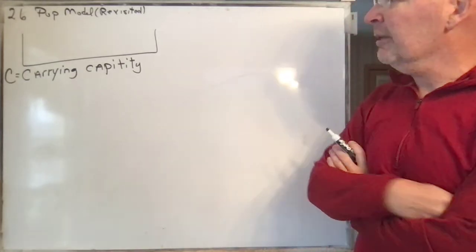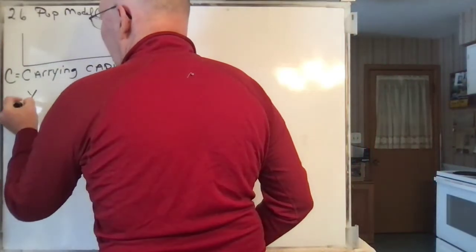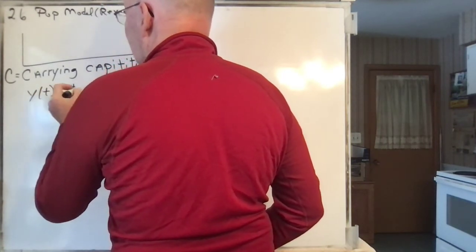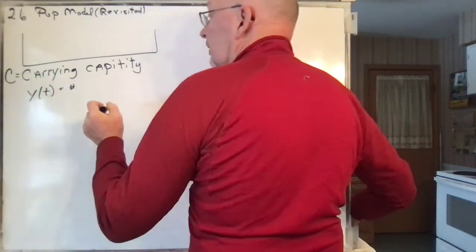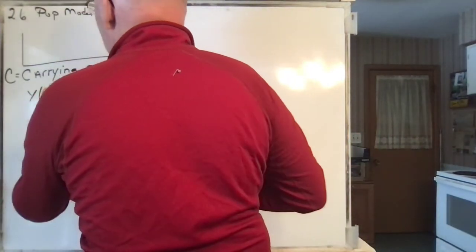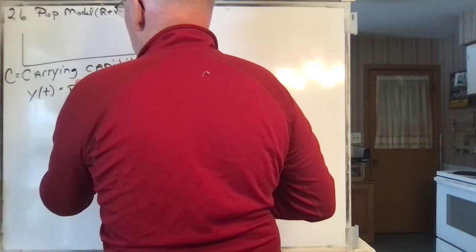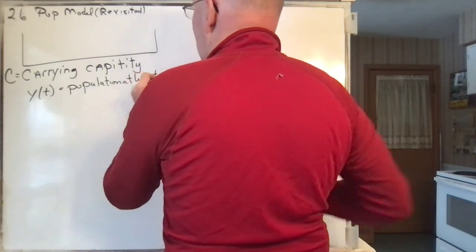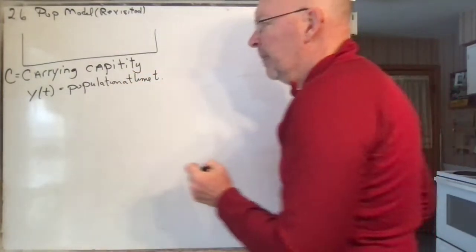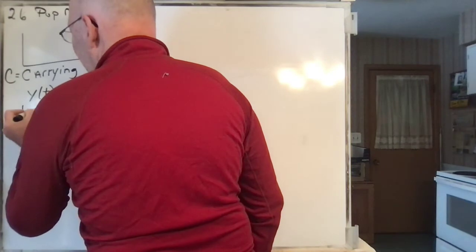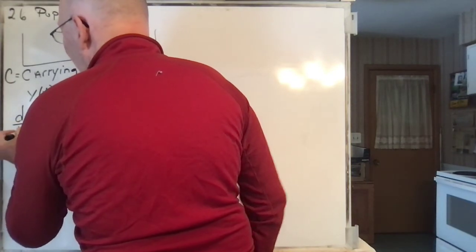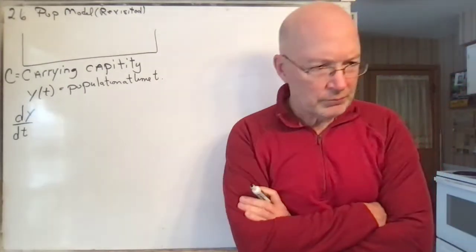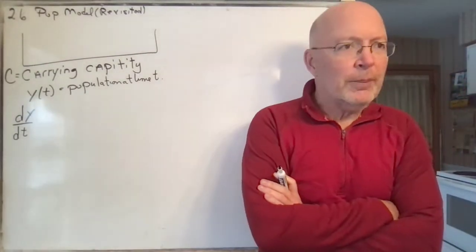So once we have that, and we're still going to let y of t be the number or the amount of, or I'll just say population at time t. Then the question is, how can we get a better model for the growth given the fact that we have this carrying capacity? So if you think about it, there's a couple of things going on.